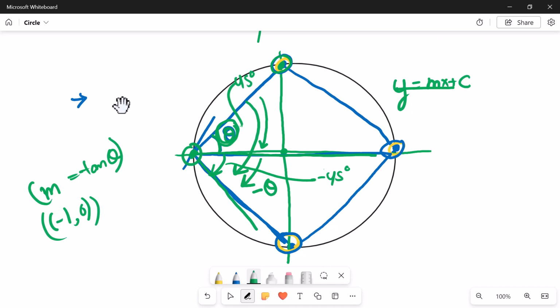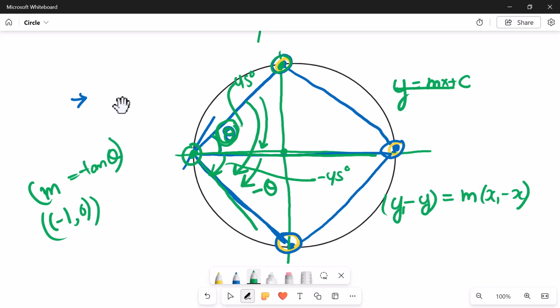The point slope formula is given by y1 minus y equals m times x1 minus x. This is the point slope formula of a straight line.